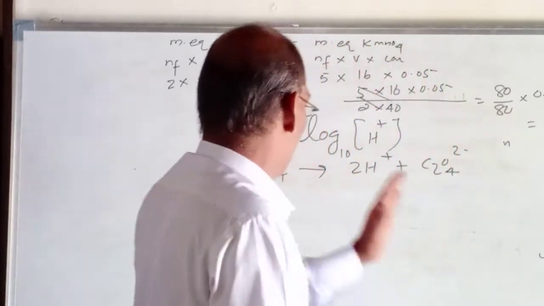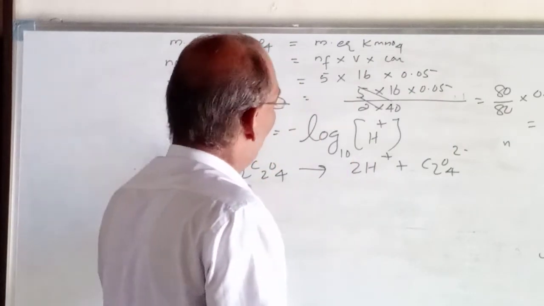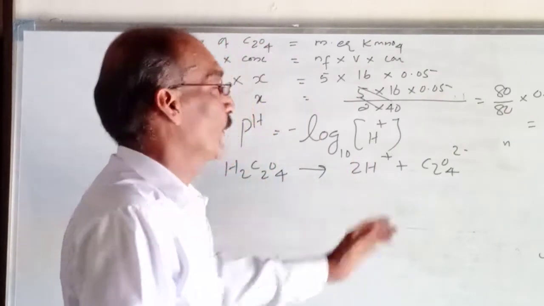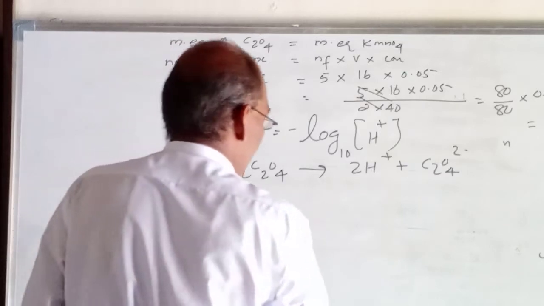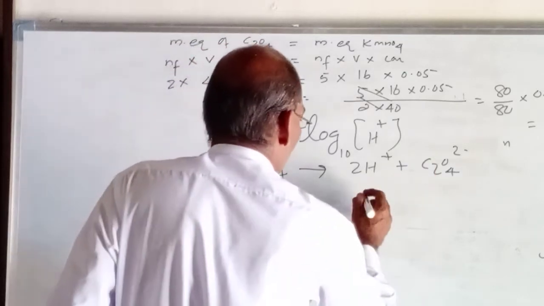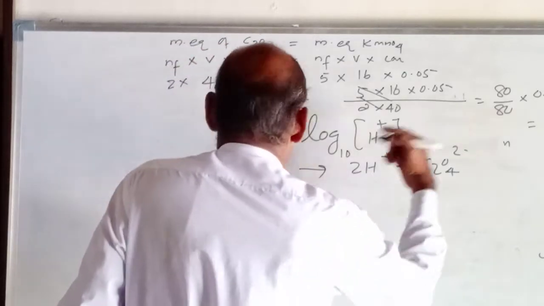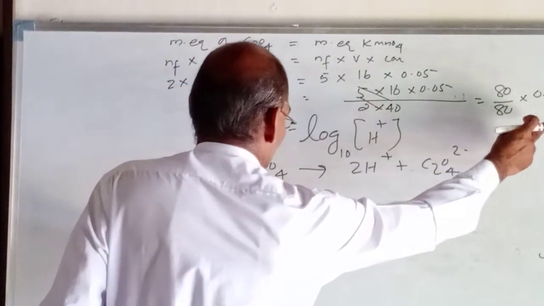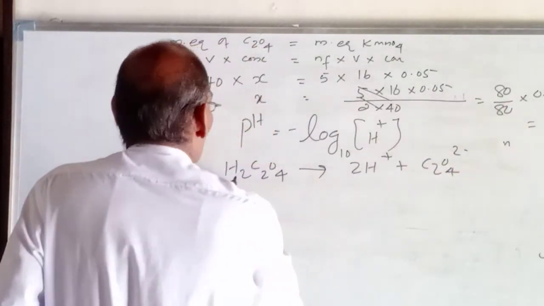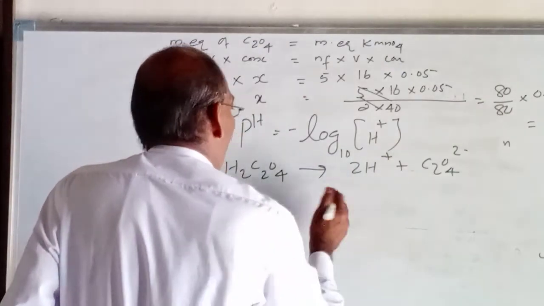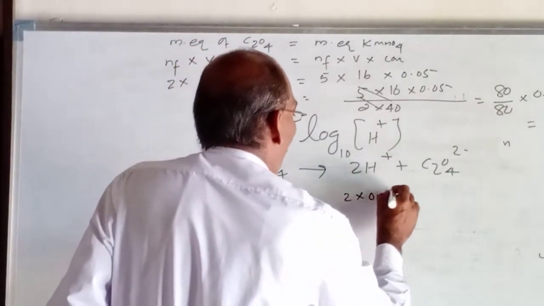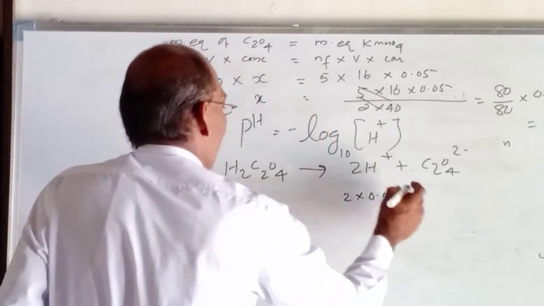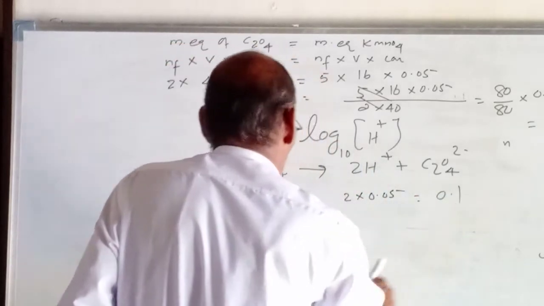That means here H2C2O4 is completely dissociated to give 2 H+. And the H+ ion concentration is determined as follows: the oxalic acid concentration is 0.05. Therefore, it dissociates to give 2 into 0.05, so we can write it as 0.1.